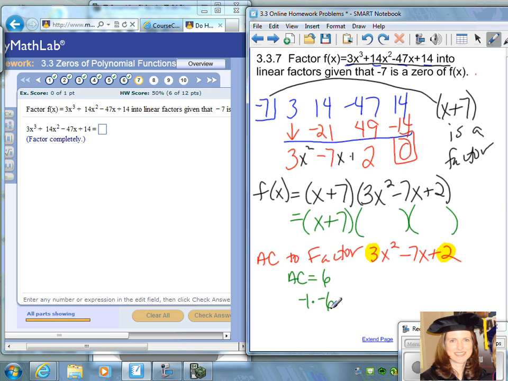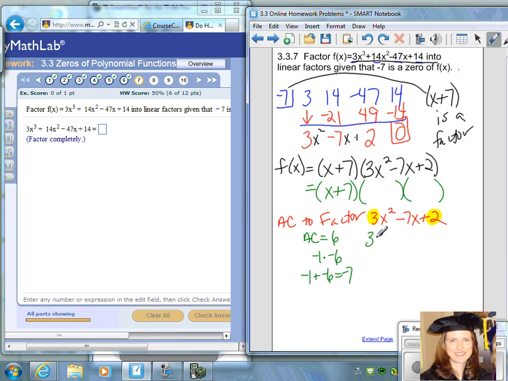If you multiply them, give you positive 6, and if you add them, you get negative 7. You get the middle term. So we do this AC method by splitting up the middle term. That first term is 3x squared. That middle term, minus 7x, we're going to write as minus 1x, minus 6x, and plus 2.